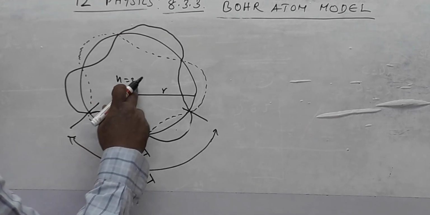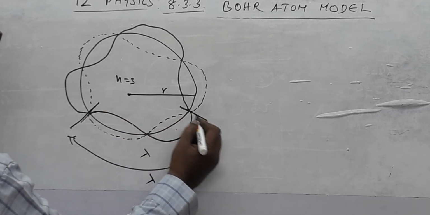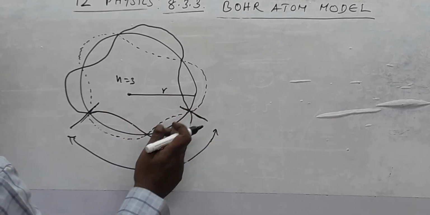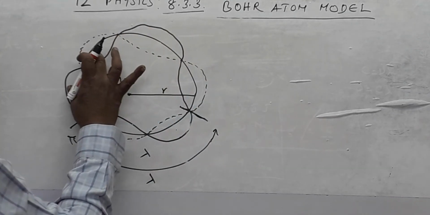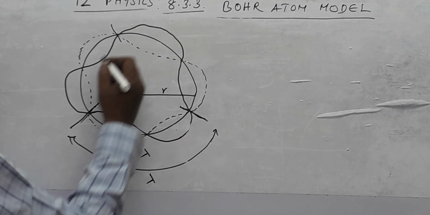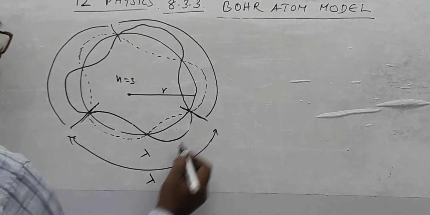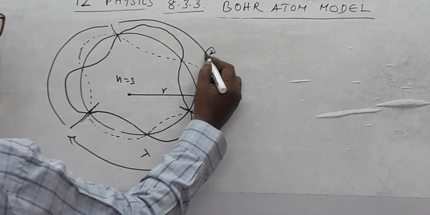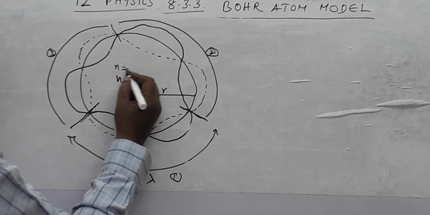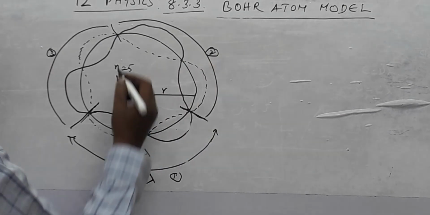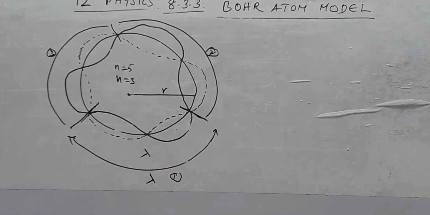If you consider 5, there will be 5 waves. This is one wave, 2 waves, 3 waves. Are you clear? If you consider n equal to 5, then there will be 5 waves. N equal to 4 gives 4 waves, n equal to 6 gives 6 waves.